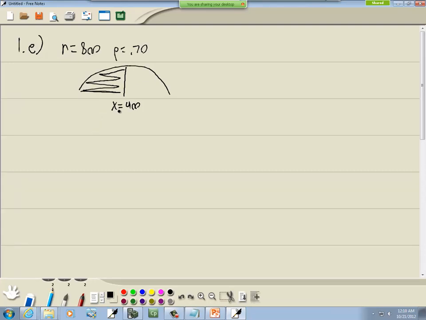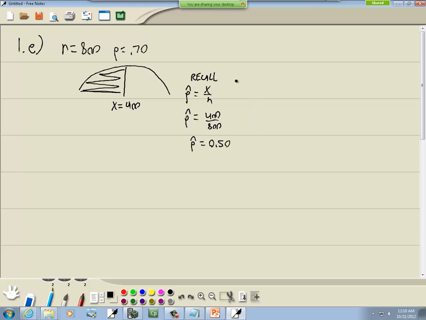Well, they're not giving us p hat here, they're giving us x. But remember, p hat is equal to x over n, and x is 400 over n, which is 800. So p hat is equal to 0.50.